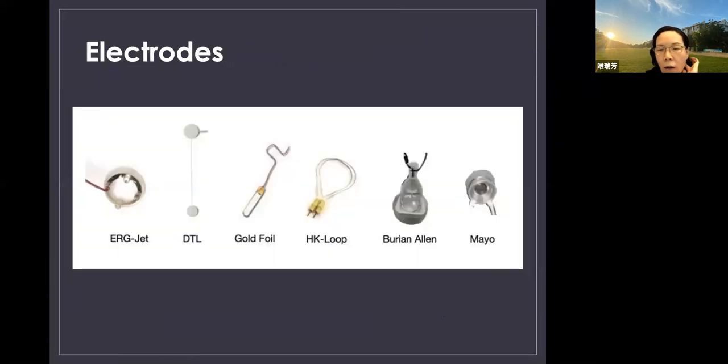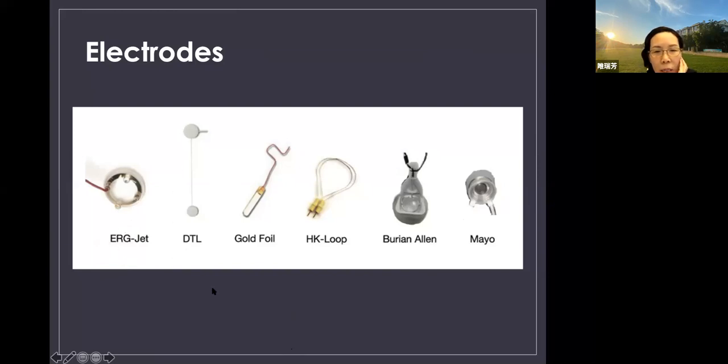Nowadays, we have a lot of selections for electrodes. Electrodes are key to getting a good recording. Our first choice is usually a jet electrode, but for some kids they are not acceptable, and we will choose DTL.